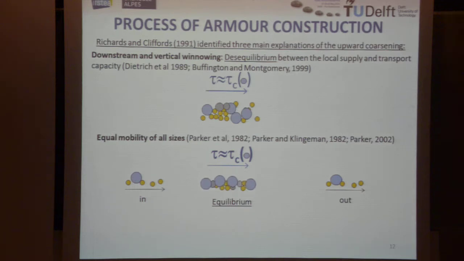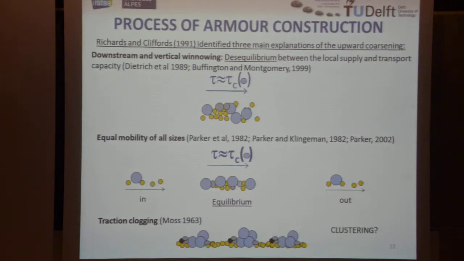To finish, they identified a third mechanism, which is a traction probing, which actually I interpreted as a kind of clustering effect. In this effect, the coarse sediment cross over the fine sediments and settle when they encounter a fixed point and grow locally as a structure.